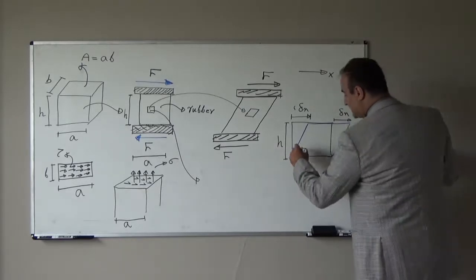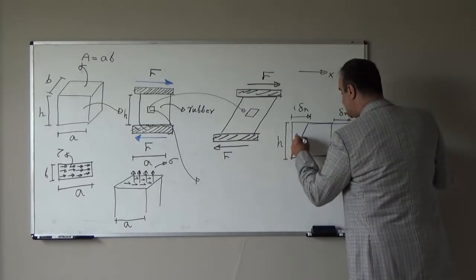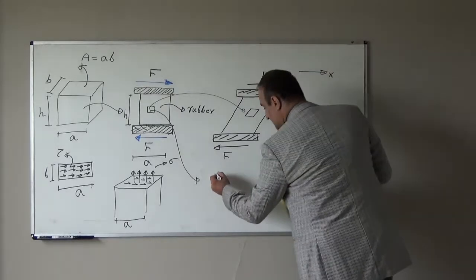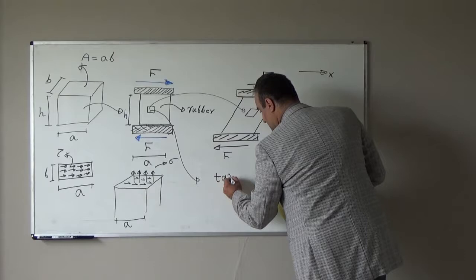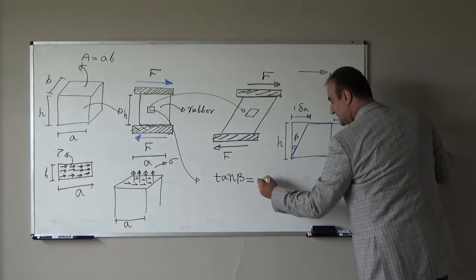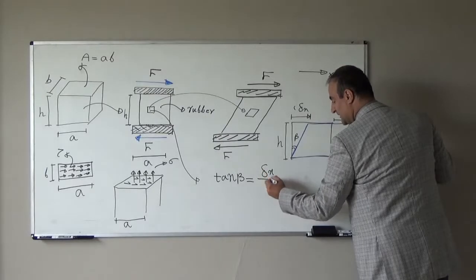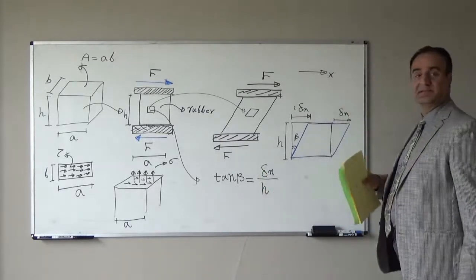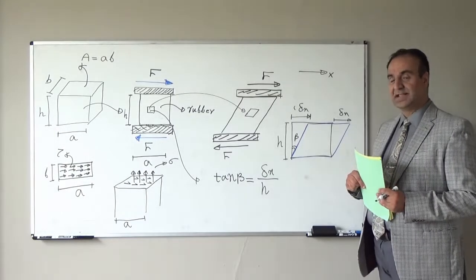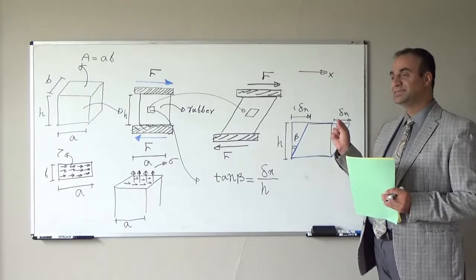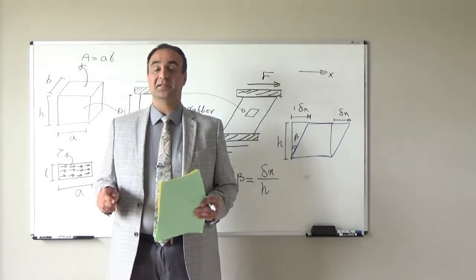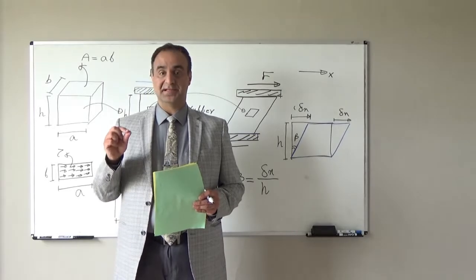So if this angle is beta, tangent beta will be equal to delta x divided by h. Pay attention, our material is linear elastic and deformation is very small. If deformation is big, the material is not in linear elastic range.